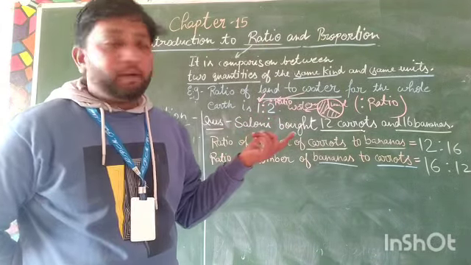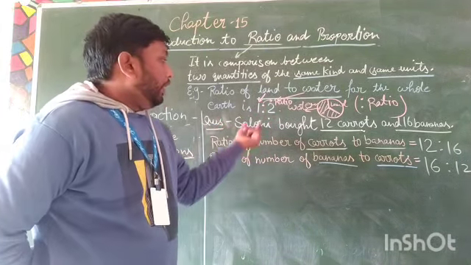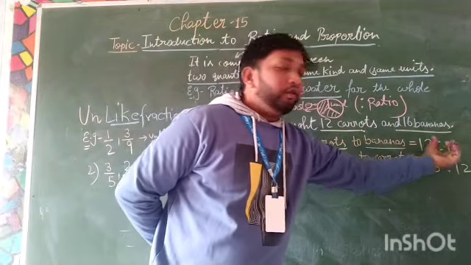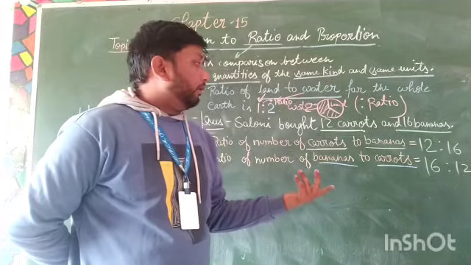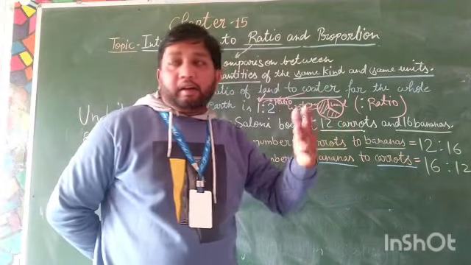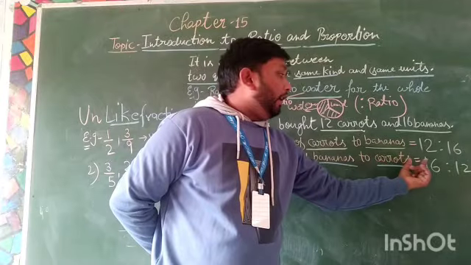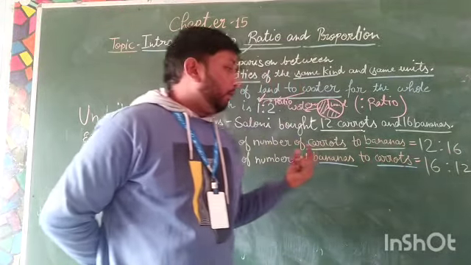If we write the ratio of carrots to bananas, it is 12:16. If we reverse the order, the ratio of bananas to carrots is 16:12.